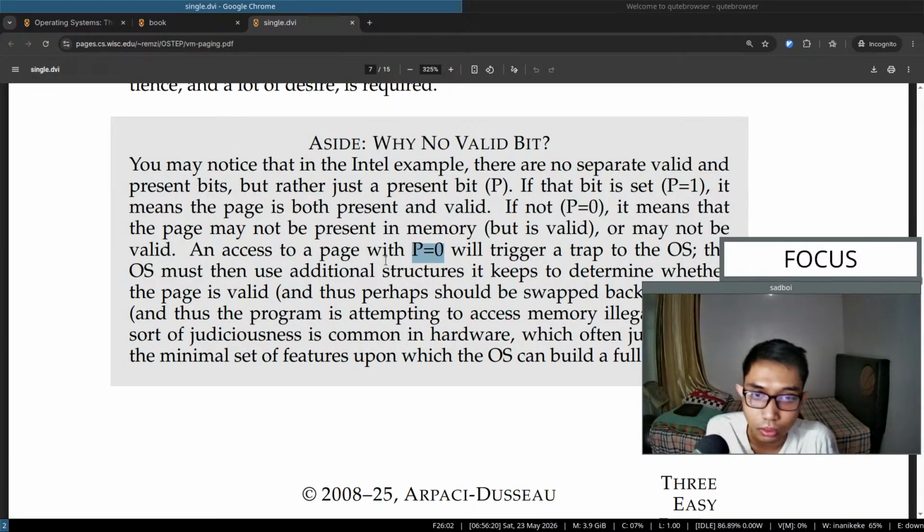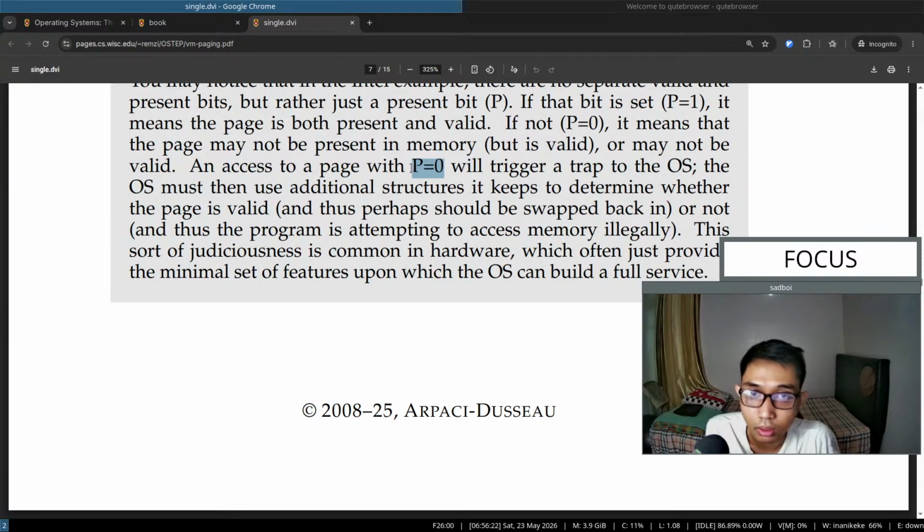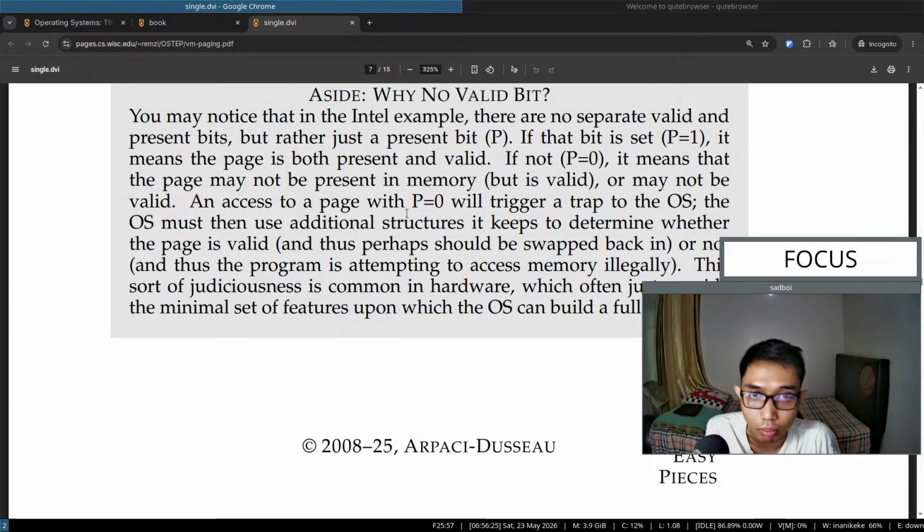Is that also the present bit equals 0 here?